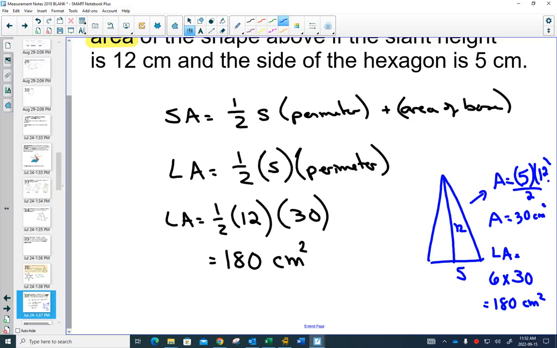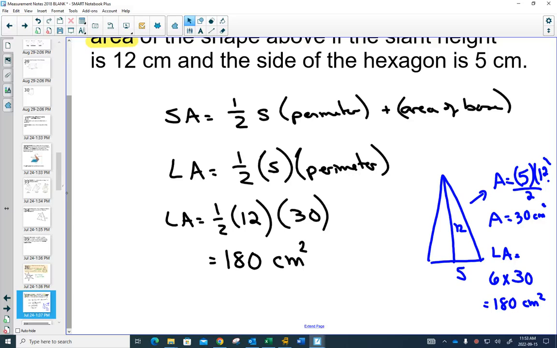Because you won't have this surface area or lateral area formula. Okay? And the ideas are basically the same. One is just using the perimeter to do the 6 times 5. And the other one multiplies the 6 at the end. So we get the same answer.